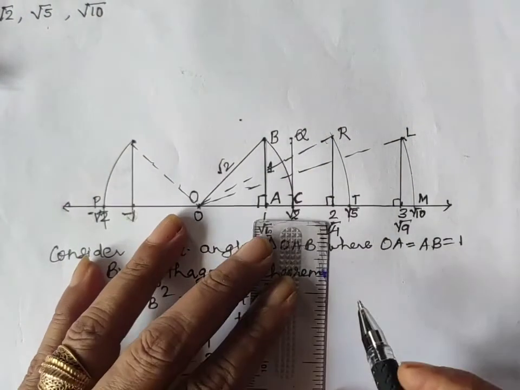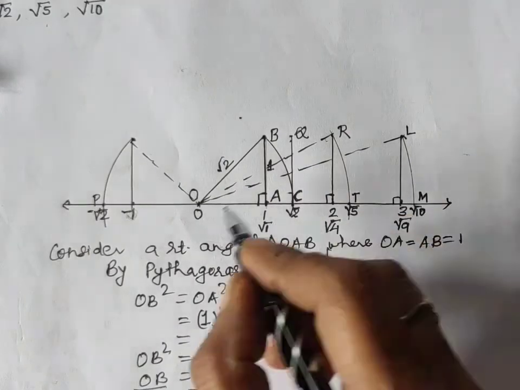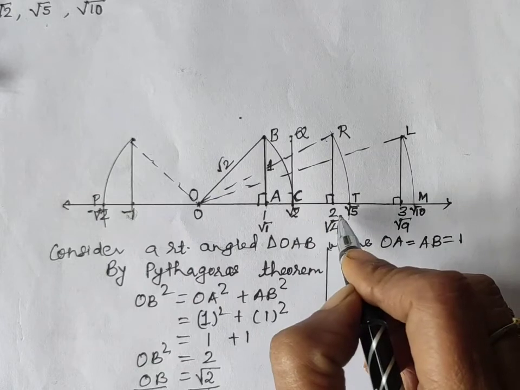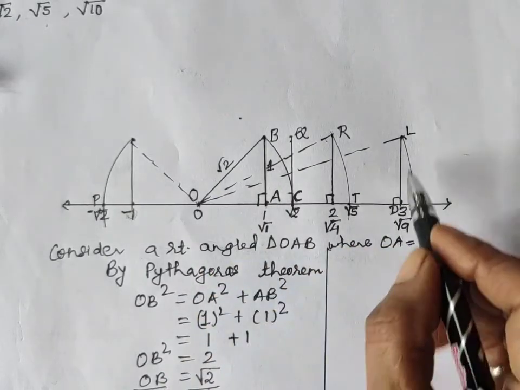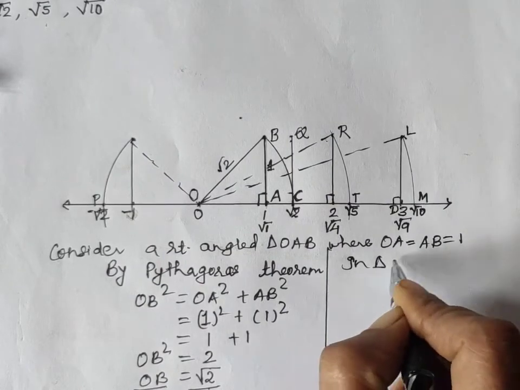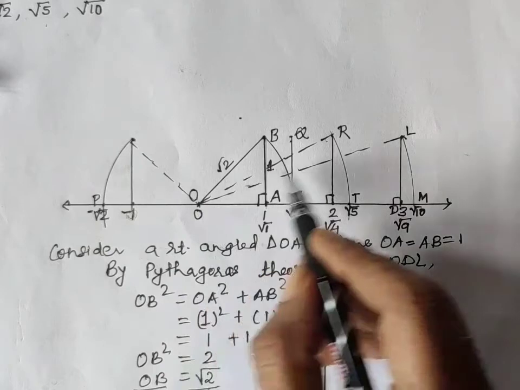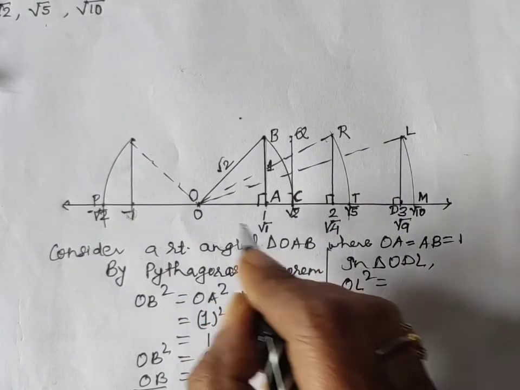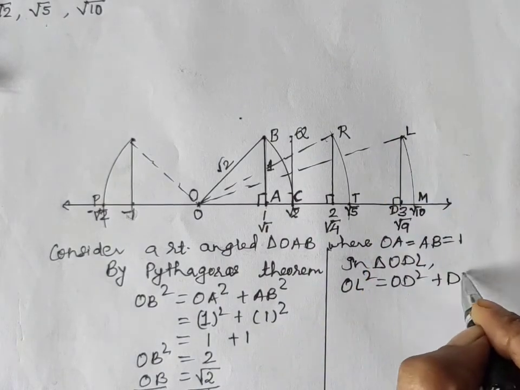For this also, if you want, see here also triangle O, suppose here this point is D. So in triangle ODL, by Pythagoras theorem, this is the hypotenuse, OL square is equal to OD square plus DL square.